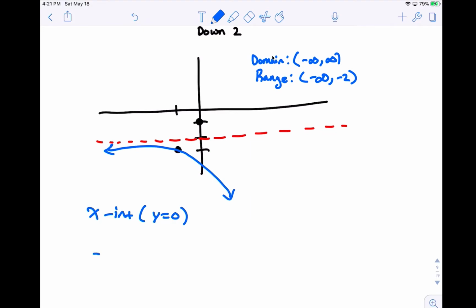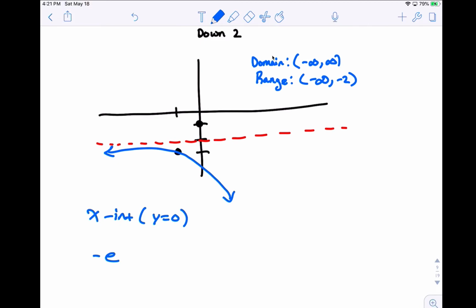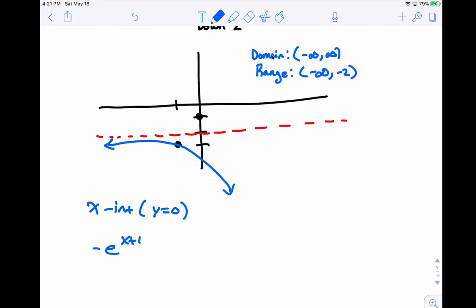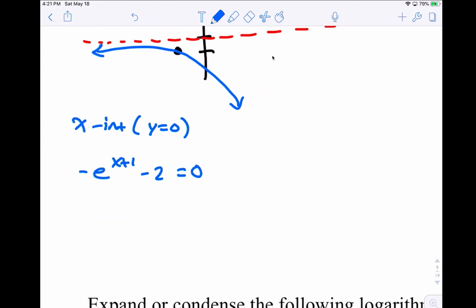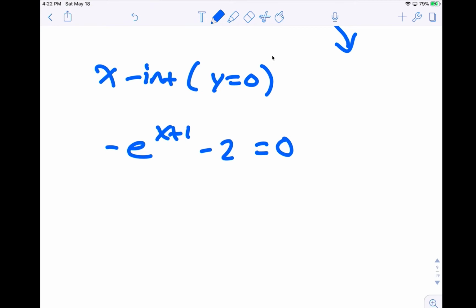So negative e to the x plus 1 minus 2. Okay, so negative e to the x plus 1 equals 2. And then e to the x plus 1 equals negative 2.